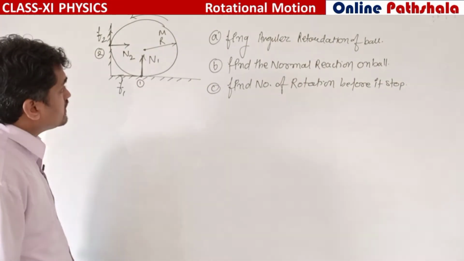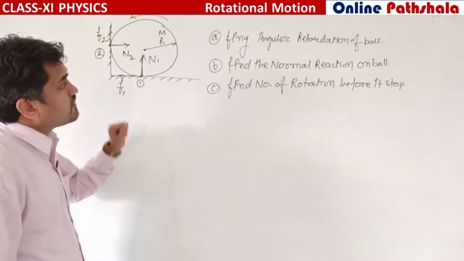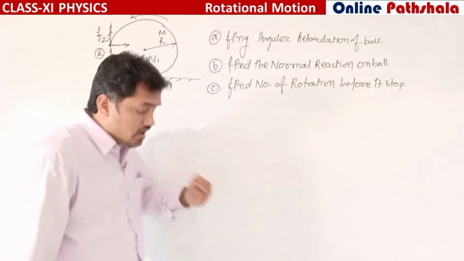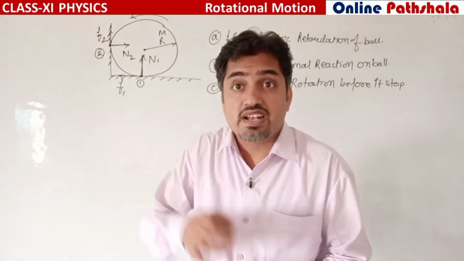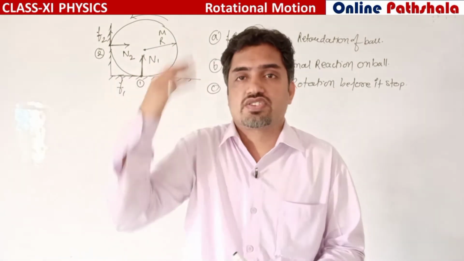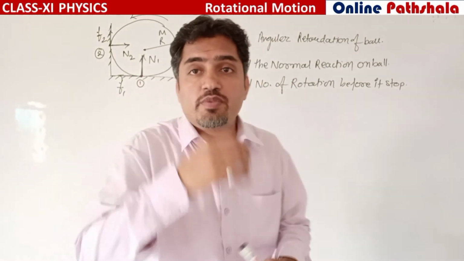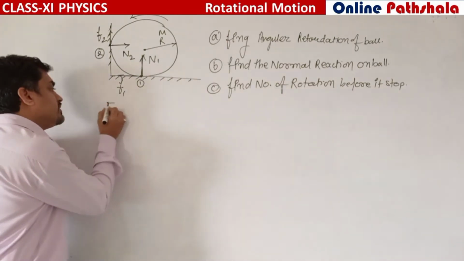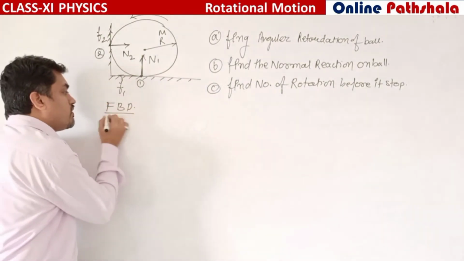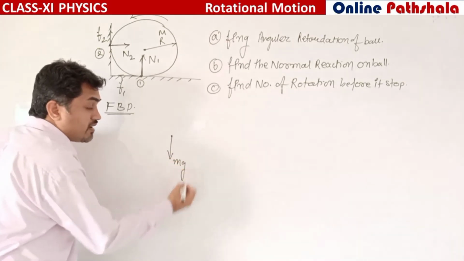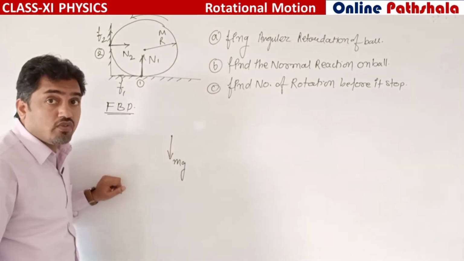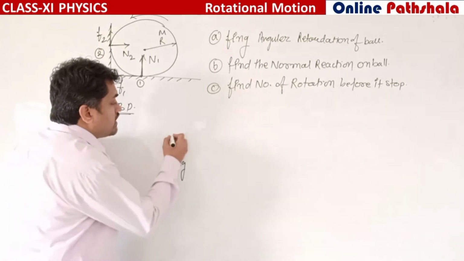If this ball is not performing any kind of translatory motion, the center of mass is at rest, so we can use FBD for equilibrium. So mg is vertically downward, the weight of the ball.